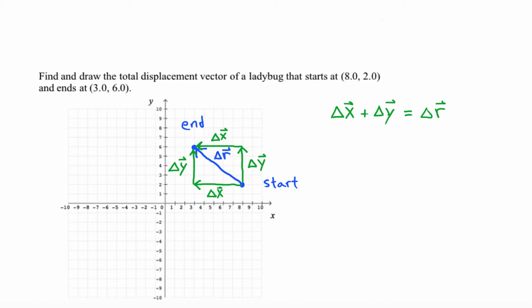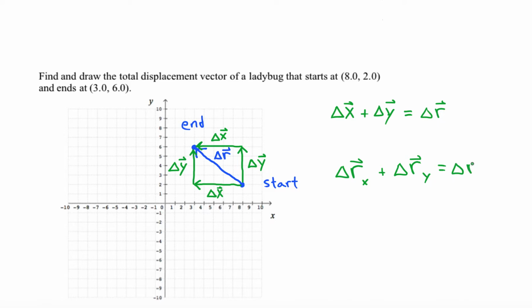Now you should be aware of one other way of writing this, and that would be instead of delta x, we could actually call this delta r with a little subscript x. And that means the same thing as delta x here. So just be aware that you might see it written this way sometimes.